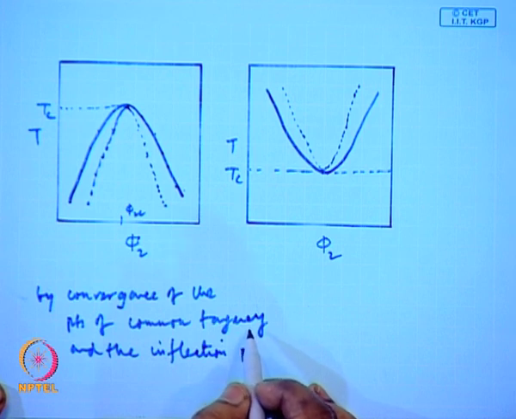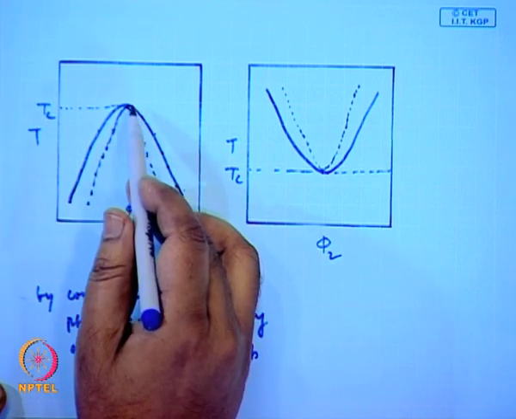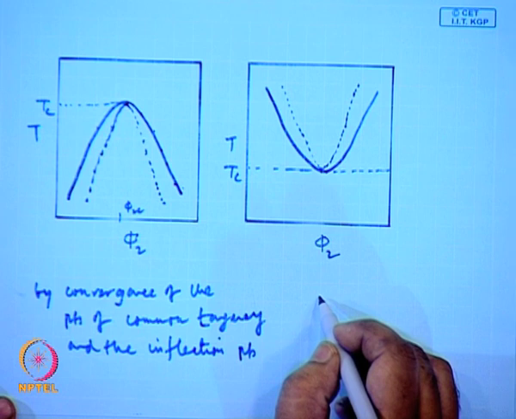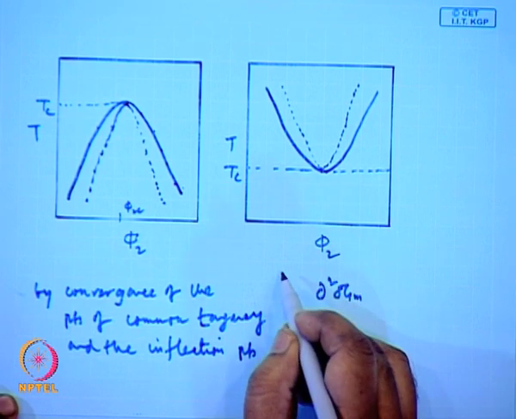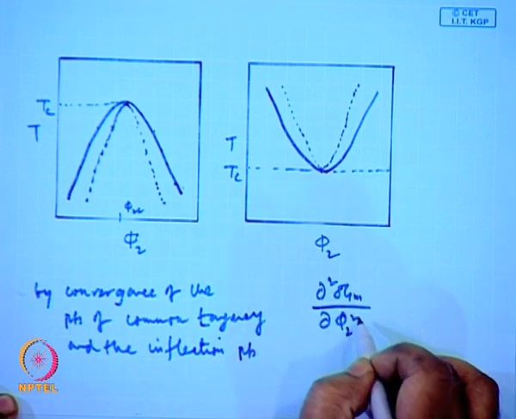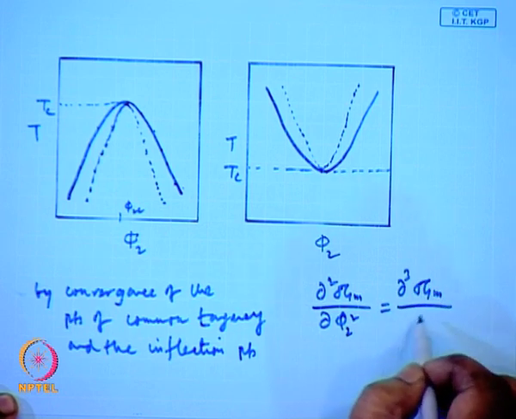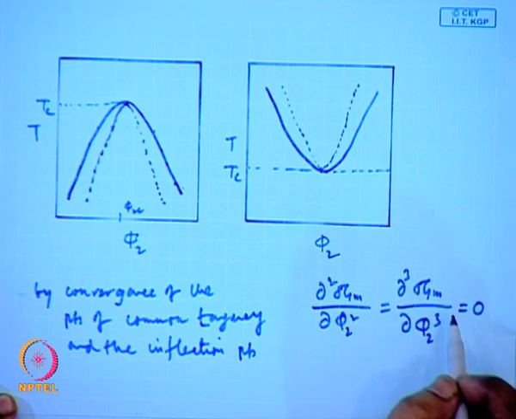Common tangency points are the binodal points and inflection points are spinodal points. So, by converging you get T c, and so you can write at that point at T c both are 0.